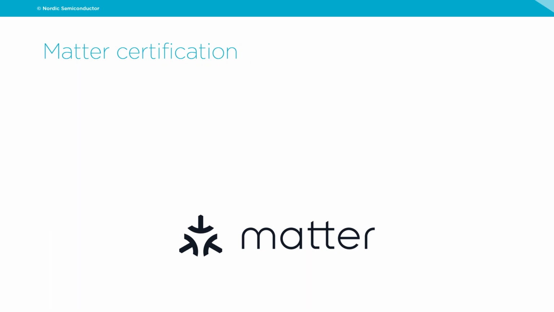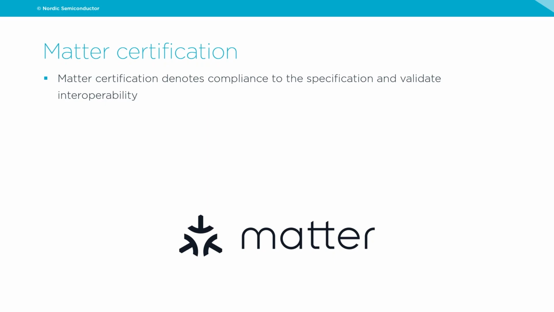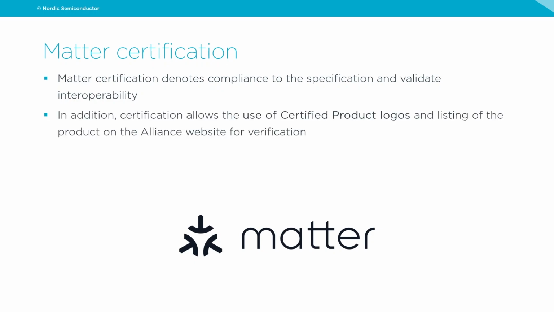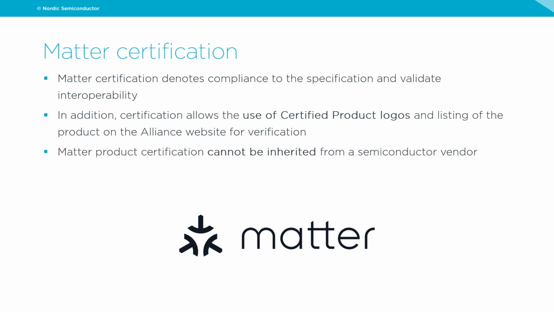When you have completed certifications and qualifications of underlying transports, you can start Matter certification. Matter certification denotes compliance to the specification and validates interoperability. In addition, certification allows the use of certified product logos and lists the product on the Alliance website for verification.